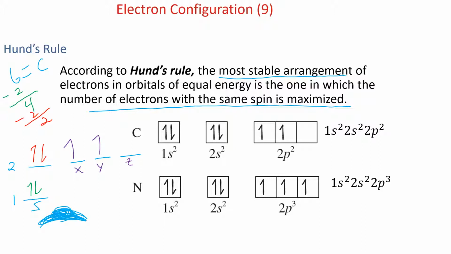What we would not do is this. We would not say this. That is not as stable as spreading it out. It's better to have singles filling each sublevel that it can and having half filled shells than it is to have 1 doubled up and 2 empty.